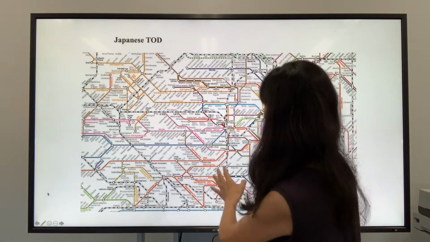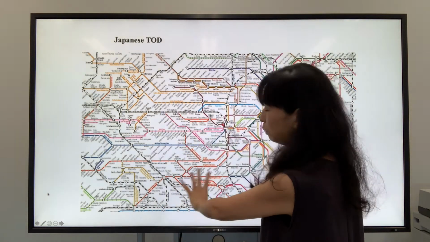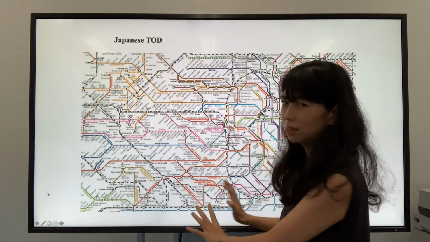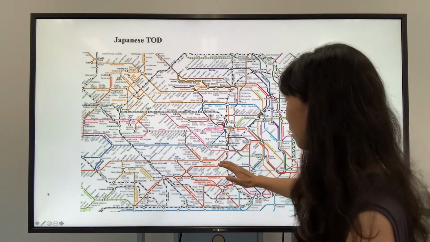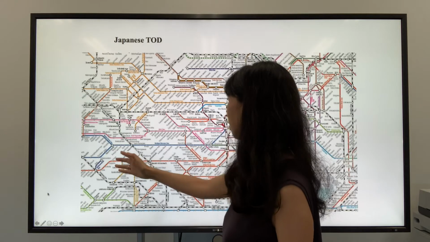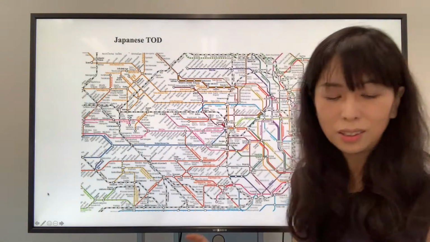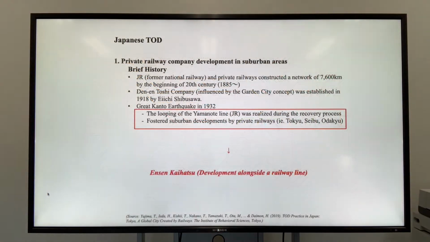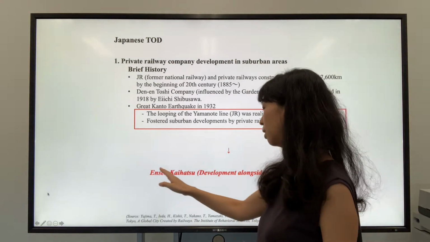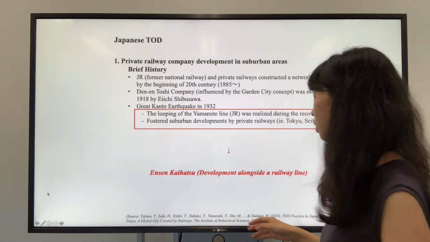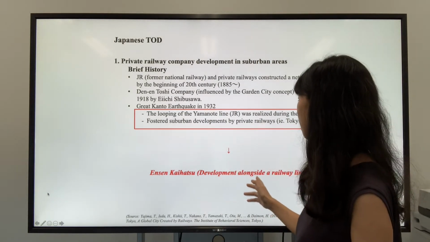And then the rest, which is the outside, typically we have most of the residential area. These are joined along the private railway company. So this is why the private railway company is extremely important in terms of the Japanese style transit-oriented development, the TOD, and we typically call this Ensen Kaihatsu. Literally, if I translate it into English, it means development alongside a railway line.